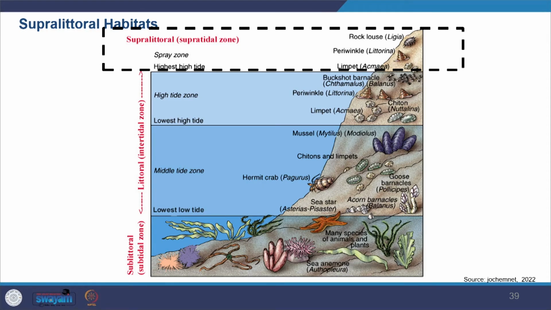It's the level above the limit of the extreme high water spring tides, and this supralittoral zone supports a lot of terrestrial vegetation, mostly near littoral locations which are affected by wave splash and spray. You would see salt tolerant plant species, and they would often dominate the vegetation community. Because the waves are coming and spraying that area, you would find salt tolerant plants near those areas.